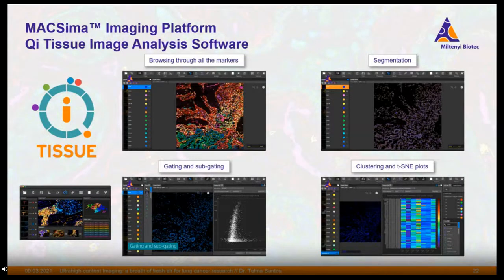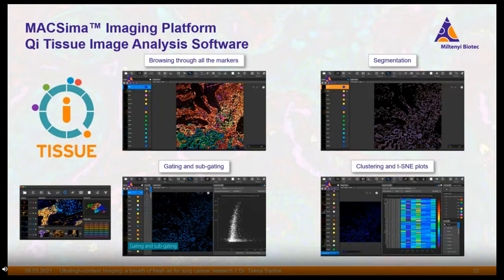I will start though by introducing our software here, because when acquiring a Maxima, you will get the QI Tissue image analysis software, and it's a very complete and very nice tool to use for ultra-high content image analysis.